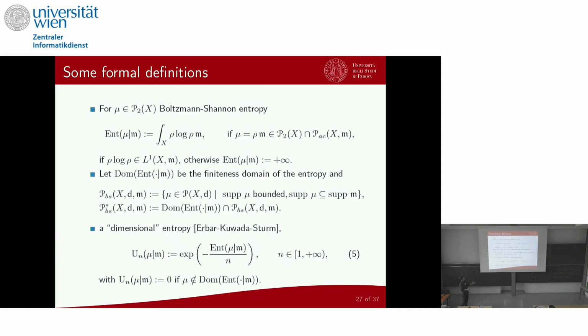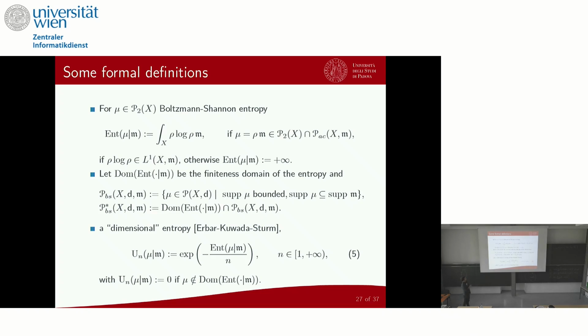Good. To go to the final part of the talk, maybe some formal definitions, more abstract. So how do we produce this CD condition? We start with the classical Boltzmann-Shannon entropy. And then to formulate our dimensional condition we use the Erbar-Kuwada-Sturm dimensional entropy, which is written this way: exponential of minus Boltzmann-Shannon divided by n, and we formulate the condition in terms of U_n, right?